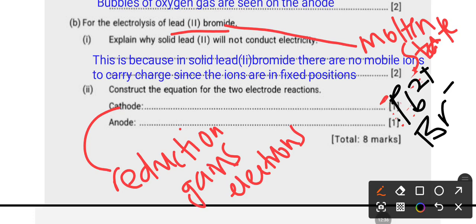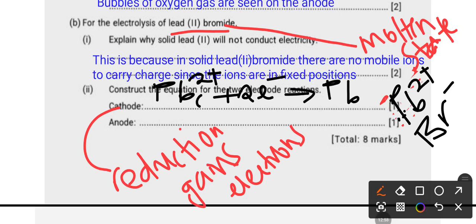So the Pb2+ ions will be discharged at the cathode. So at the cathode, this Pb2+ ion will gain 2 electrons. So we'll have a reaction like this. Alright, so here it was liquid, like this.